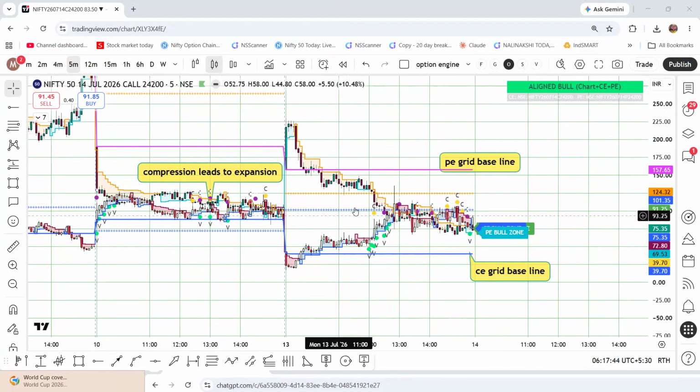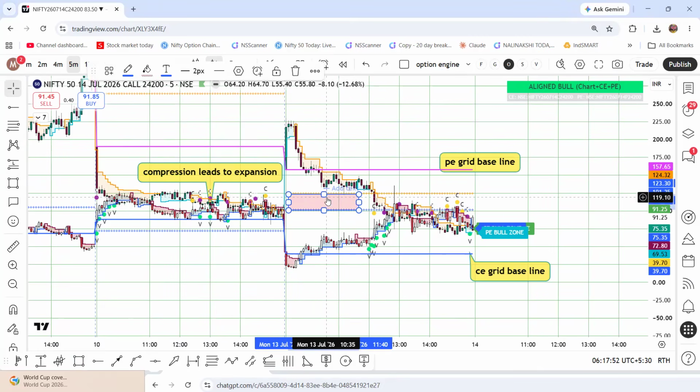If you start observing, when the pivot starts, the compression starts here. Both the pivots are coming towards each other. Can you see over here? And this is the PE grid baseline when the expansion came and it started losing.